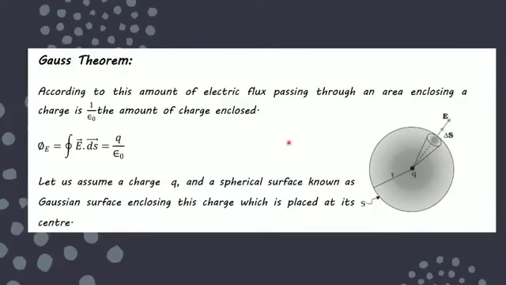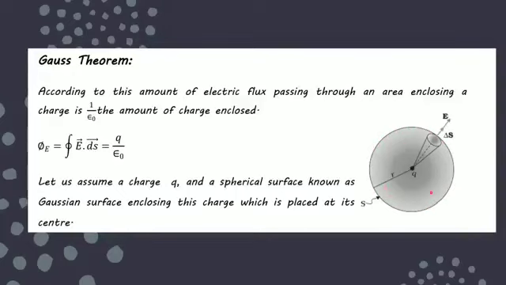So flux is given by 1 upon epsilon naught into the charge. If I take small q as the charge enclosed, this is the surface. Of course, whenever a point positive charge is there, then at a particular distance if we draw a sphere, this is an imaginary sphere, which is termed as Gaussian surface.